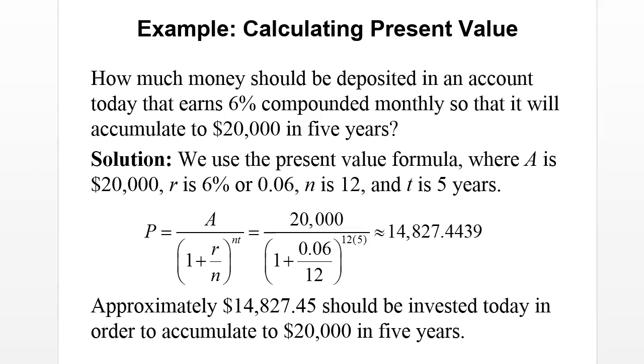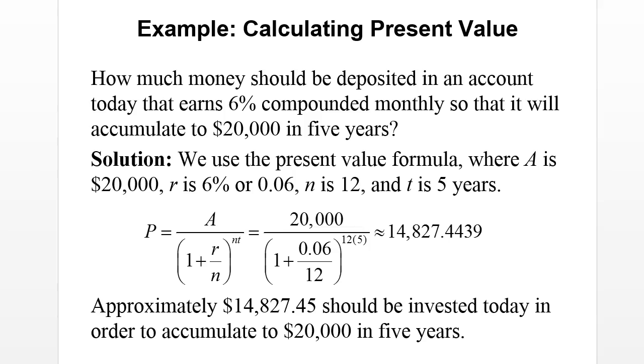But as we see here with this illustration, if we could save money at 6% rather than borrow money at 6%, it only takes us less than 15,000 to have 20,000 in 5 years to pay for that thing with cash, rather than to borrow 20,000 and try to pay it off in 5 years and pay out way more than 20,000. So yeah, of course it's ideal, but hardly anybody can pull it off. But anyway, that's how we do it.